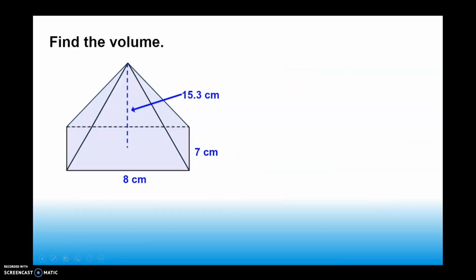So let's practice with an easier one here. This guy is a rectangular pyramid, right? And I have my right angle in there. So my volume is equal to 1/3 big B times H. Let's figure out what my big B is and then my H here. Big B, the area of my base, is going to be 8 times 7.